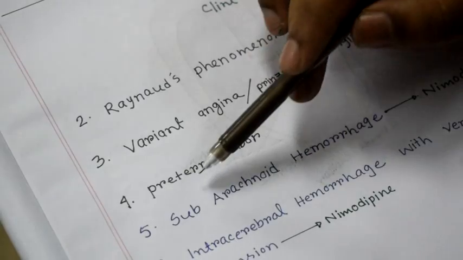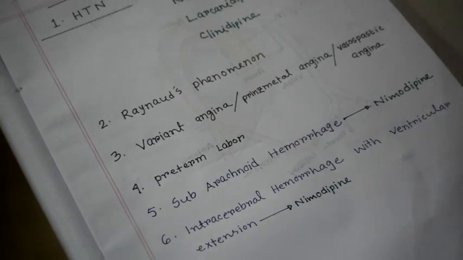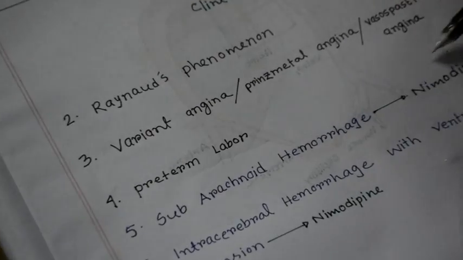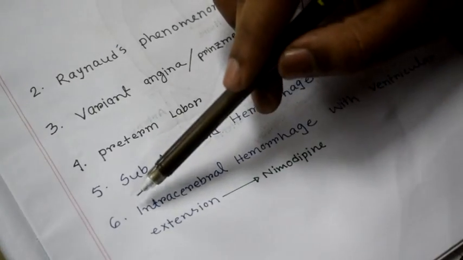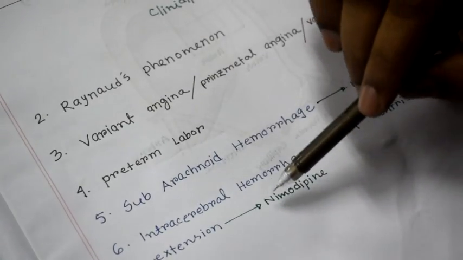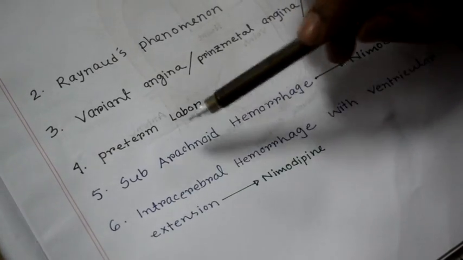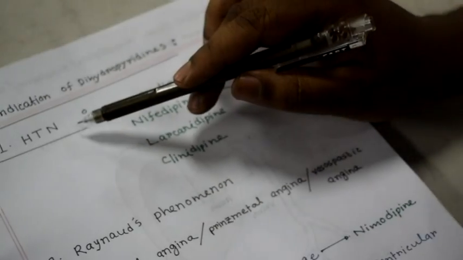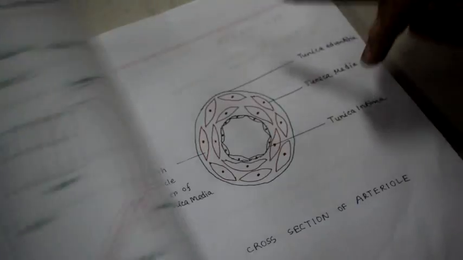Fifth indication is subarachnoid hemorrhage. Of the dihydropyridine group calcium channel blocker, only nimodipine is used in subarachnoid hemorrhage. Sixth indication is intracerebral hemorrhage with ventricular extension. Only nimodipine is used in this case. We will discuss in details in later part of our lecture one by one of these indications.